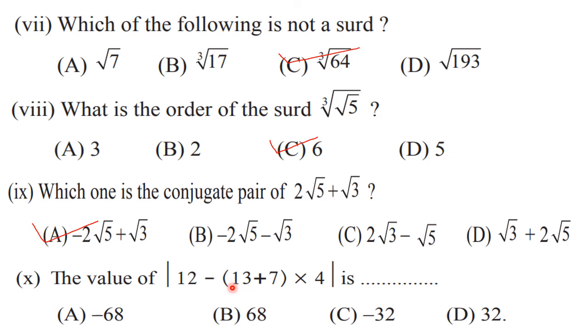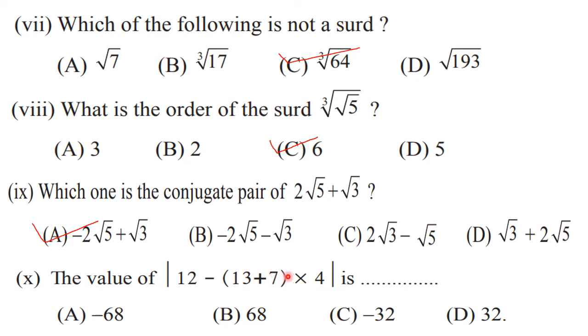This is the BODMAS rule. So first you have to think of bracket 13 plus 7. The answer is what? 20. Correct? Then this 20 into 4.